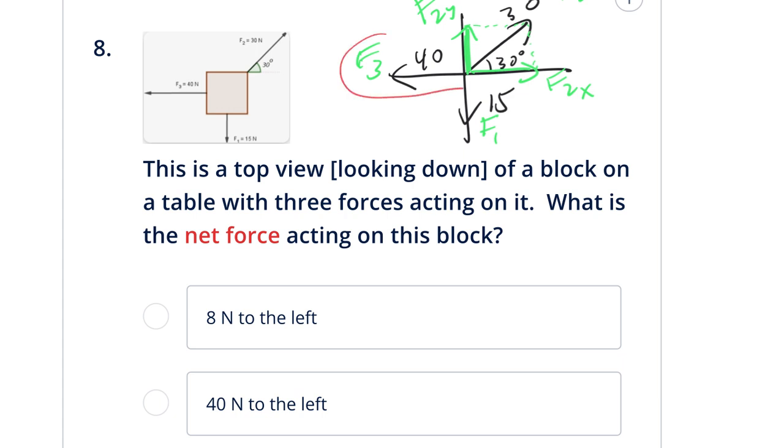You find F2x by doing F2 times cosine of theta, which is 30. And then whichever one's bigger, F3 or F2x, you subtract the smaller one from the bigger one. And that gives you, I don't know which way it's going to go, left or right, the net force in the x direction.